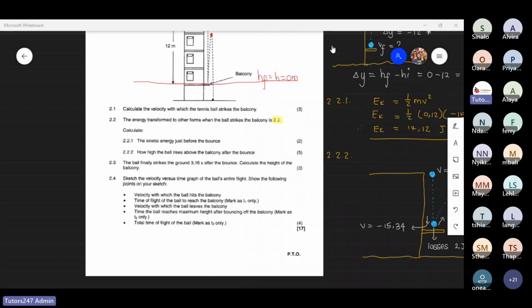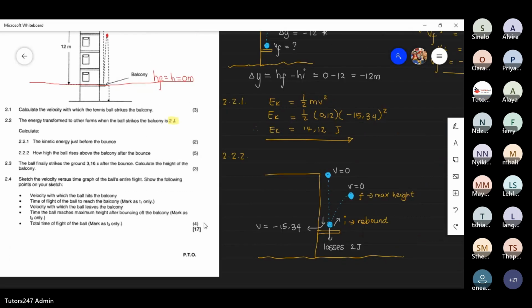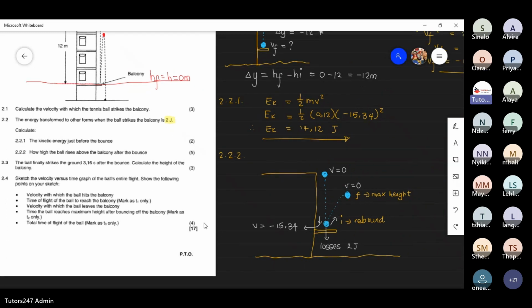Okay, so please repeat for me question 2.2.2. Okay, so question 2.2.2 states: calculate how high the ball rises above the balcony after the bounce.